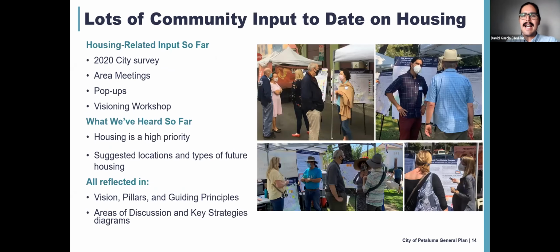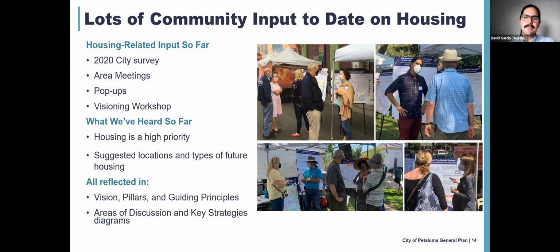So with that, and emphasizing the input that we've received so far, we all know that housing is essential and impacts so many parts of our well-being and opportunities that we can access, and also our sense of security, just feeling safe. So throughout our varied community engagement events in the whole general plan process, which are listed here from surveys to meetings and pop-ups, the community really emphasized that housing is a critical priority.